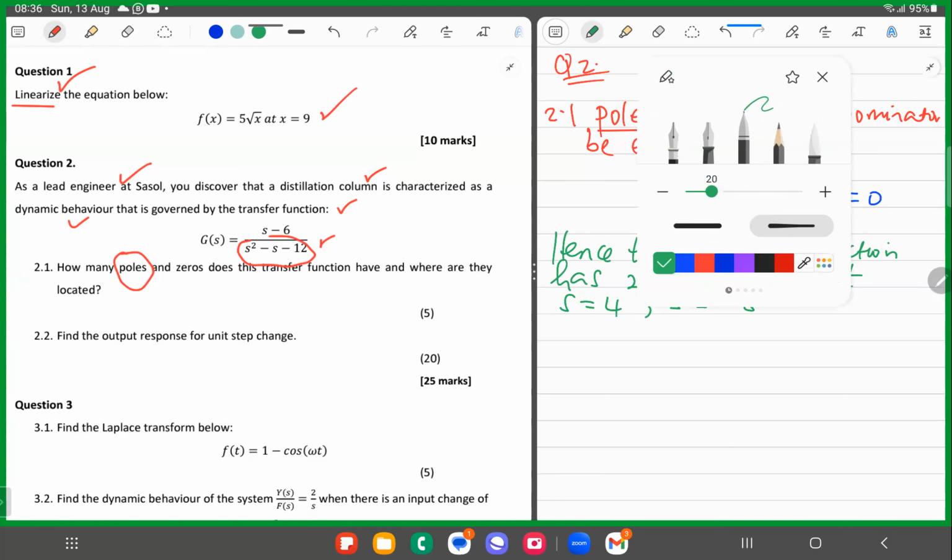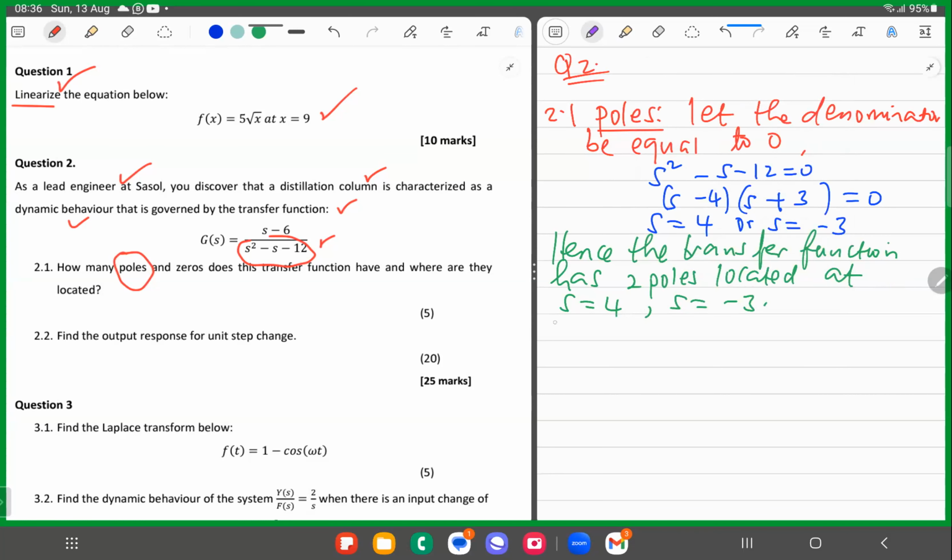And then the next thing we discuss is the idea of the zeros of the function. What are zeros of the function? Well, zeros are the points where the function equals 0. Now you let the transfer function G(s) be 0 to find the zeros.